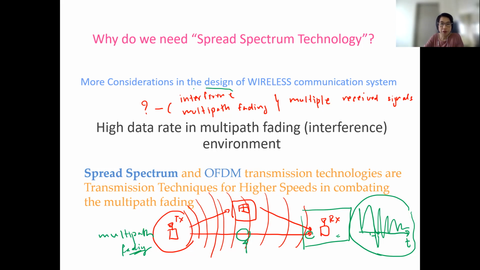And for interference, if you take a look at the receiver side, you can see many signals also, but the difference between multi-path fading and interference is that you have another transmitter, say transmitter 2, and you as a receiver can receive the signal from other sources, say transmitter 2 as well.